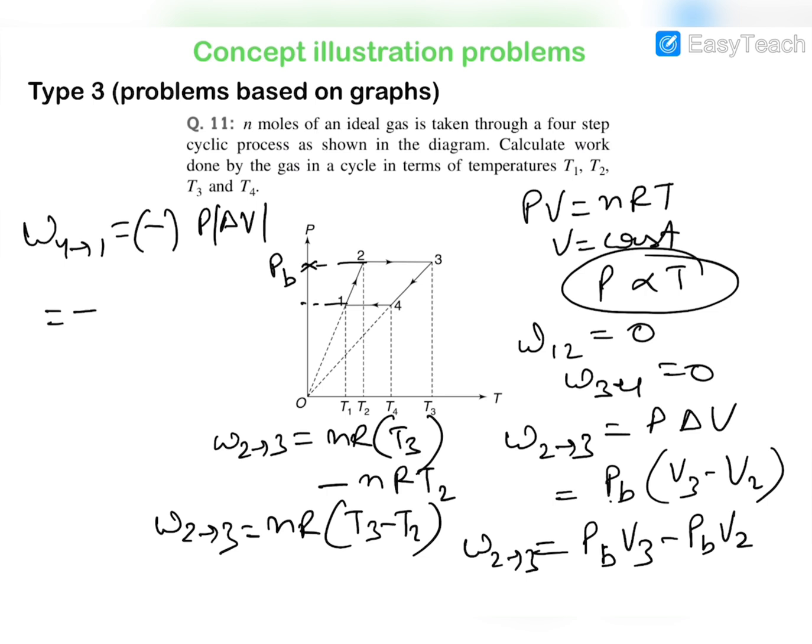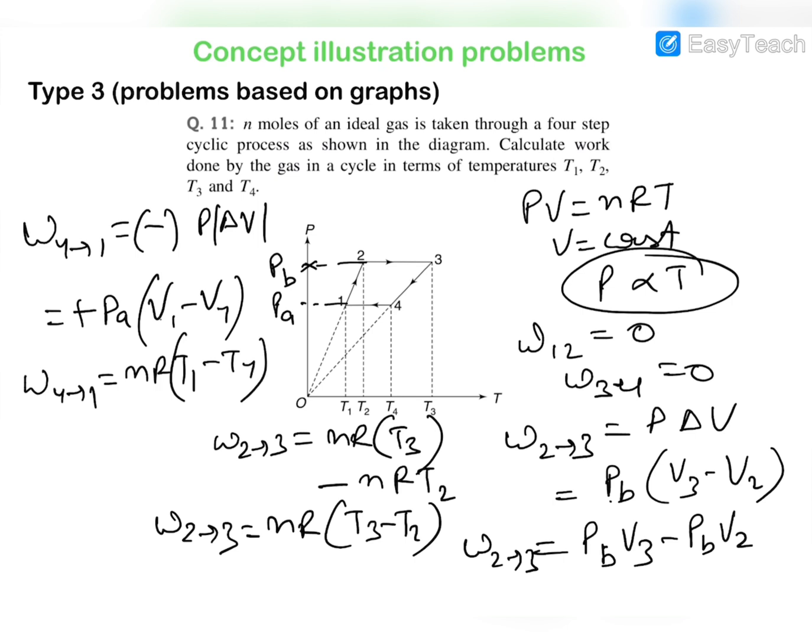So P is, let's suppose, PA, so it would be PA into delta V. Let us use the positive sign and find out the work done by V final minus V initial, so it would be V1 minus V4. Okay, so PAV1 will be nRT1 and PAV4 will be nRT4.